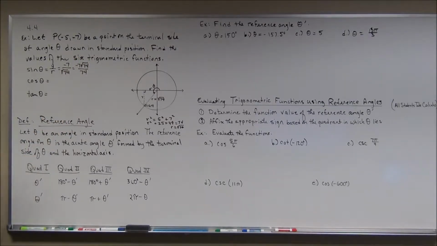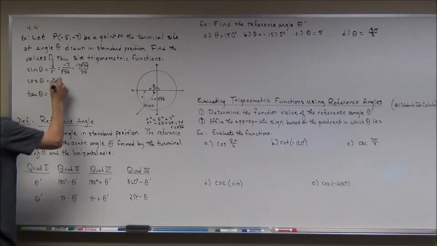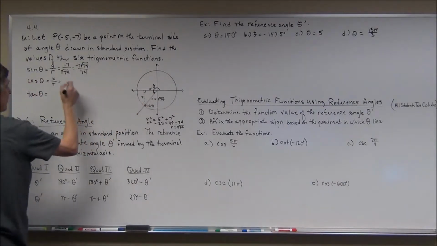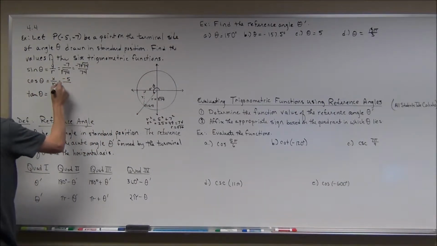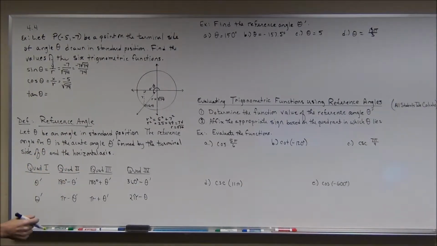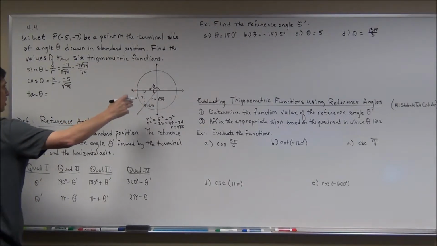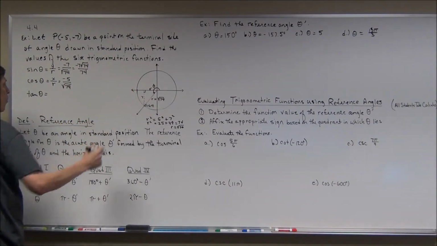It does not simplify. The cosine would be the x value over the r value. The x is -5, so this is -5 all over the square root of 74. R is going to be a positive number here in these problems. So the sign of your trig functions is going to be based on the x and the y, and of course what quadrant you're in.